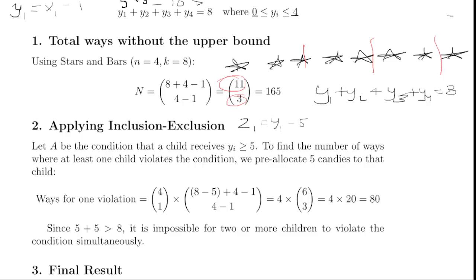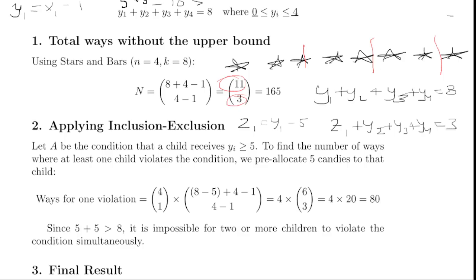So we're going to give the first person 5 pieces of candy, and this just reduces to 3. From 8, I gave 5 to the first child, and now we have 3 left. So the question is, how many ways can I give 3 pieces of candy to 4 people?